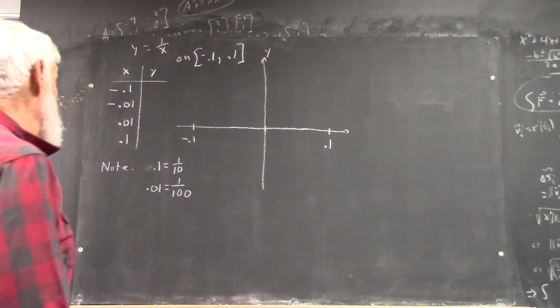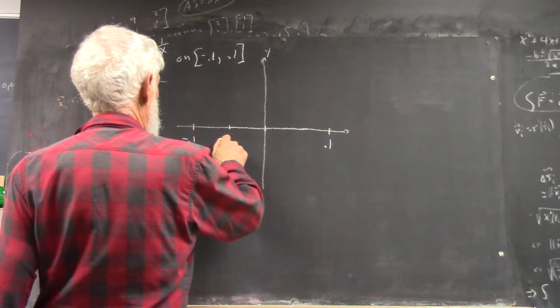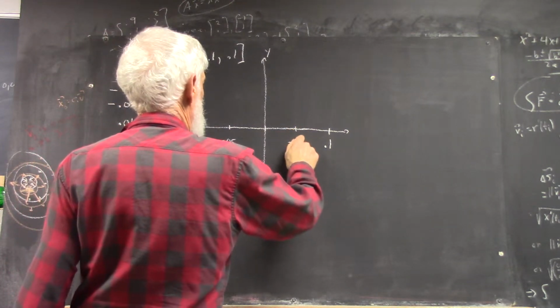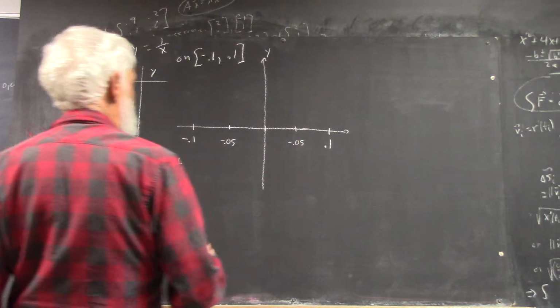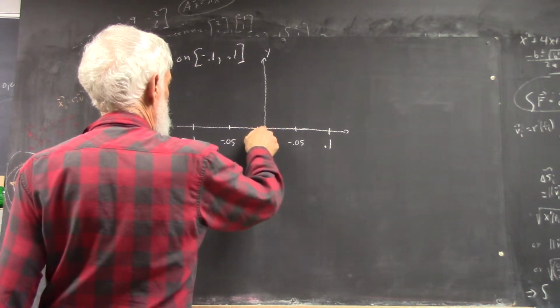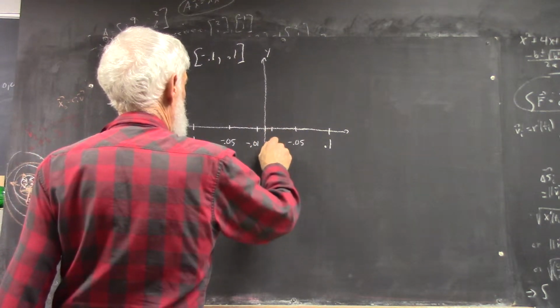And then what are you going to want? Well, you might as well go ahead and divide this in half. You get negative 0.05 here and 0.05 here. And then maybe you don't need any more than just getting your negative 0.01 and your 0.01.